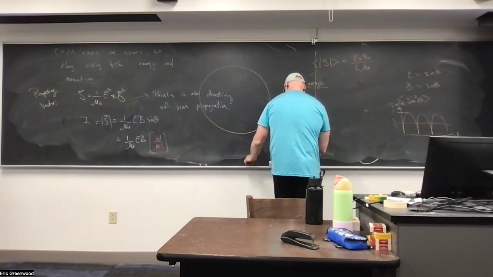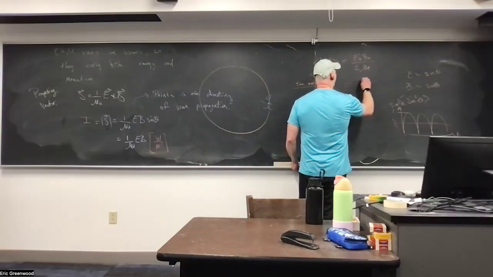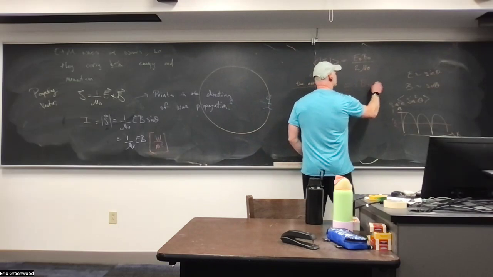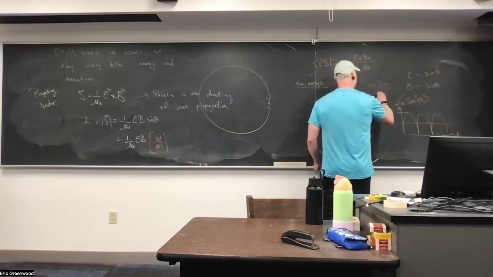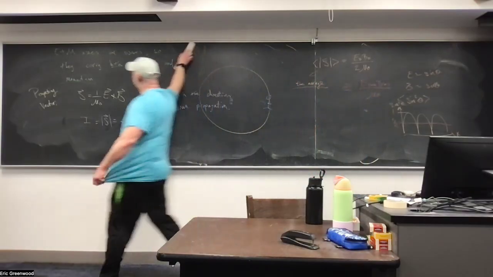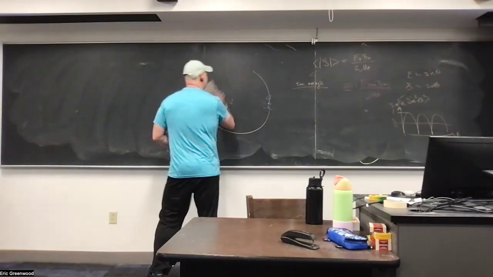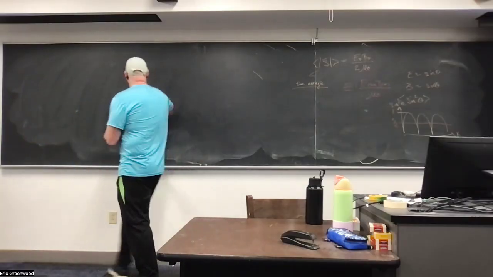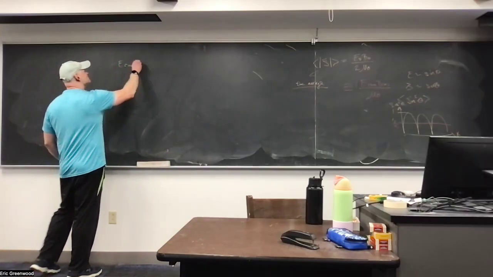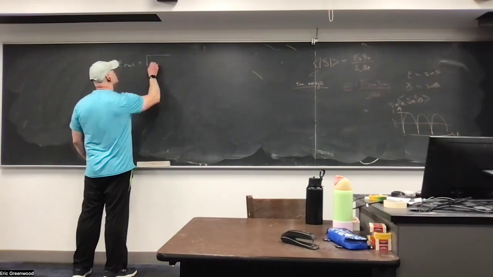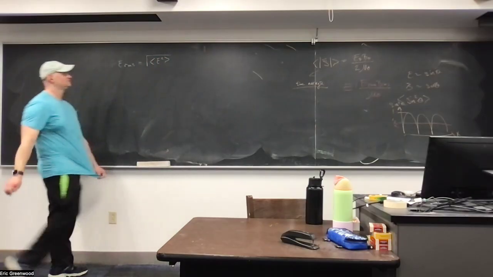Okay. Now from here, we usually define this to be the RMS value of the electric field times the RMS value of the magnetic field divided by mu naught. So what's the RMS value? The RMS value is the root mean squared of the quantity. So E RMS is equal to the square root of the average of the electric field squared.